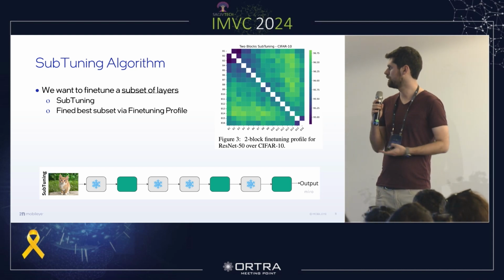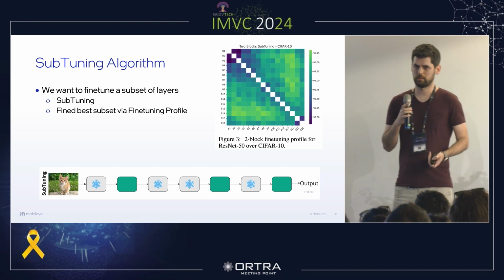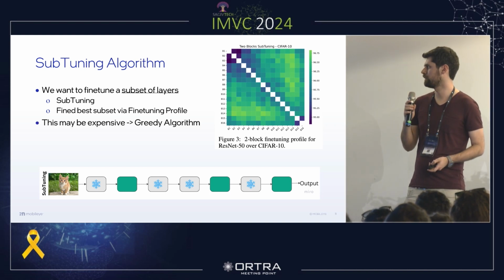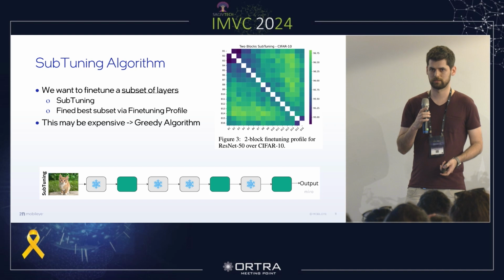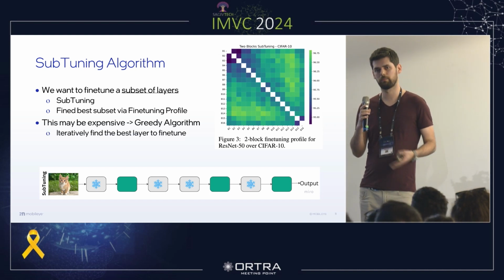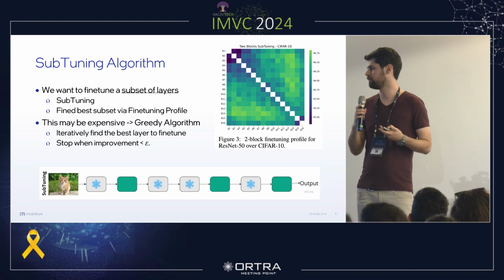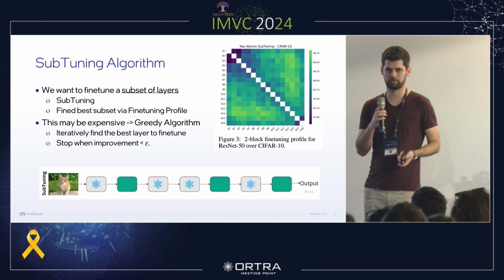I'm showing here a plot which does it for 2 blocks. This can be very costly, so we're using a greedy algorithm to reduce cost. Basically, it's very simple. We're doing this iteratively, picking the best layer at each step, and stopping when the improvement is less than some threshold epsilon.